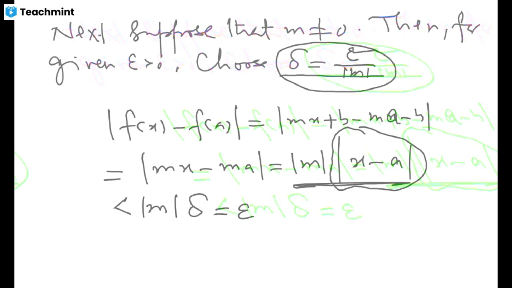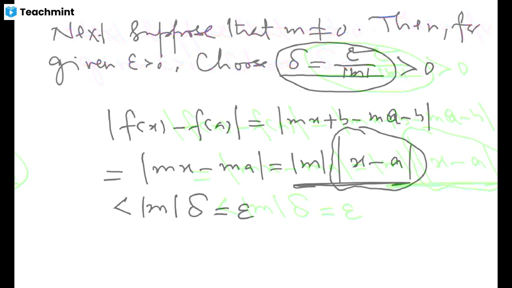And clearly, whenever your number epsilon is positive and you're considering the case where m is non-zero, so its absolute value is positive, then this is a positive number. And you see this number depends upon epsilon.